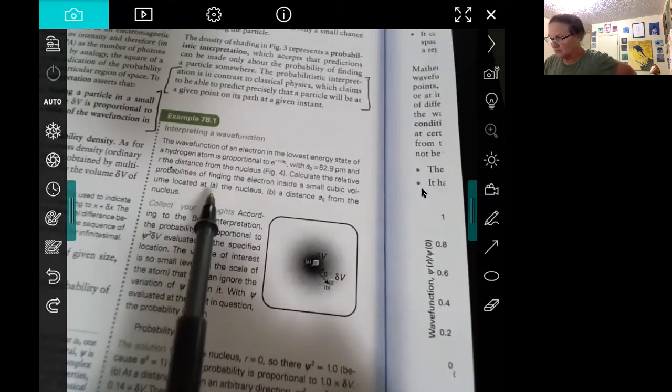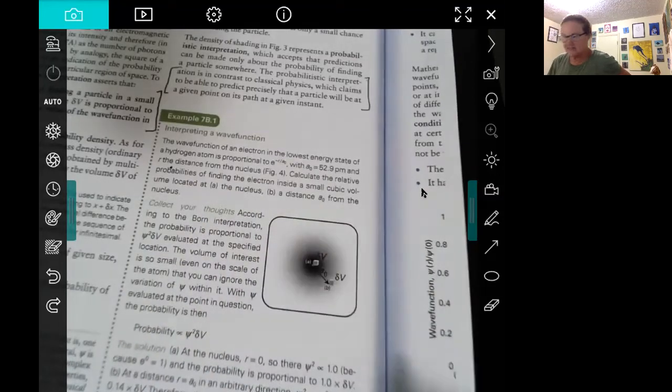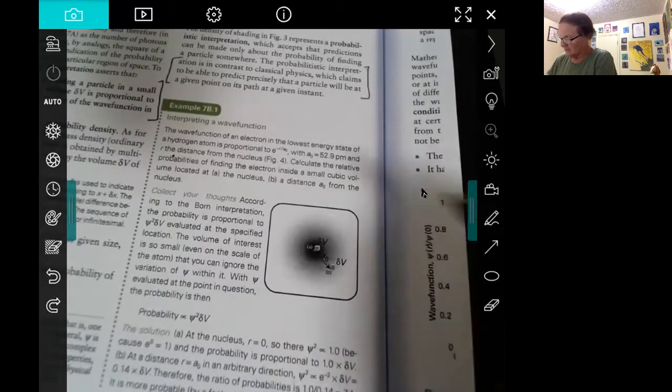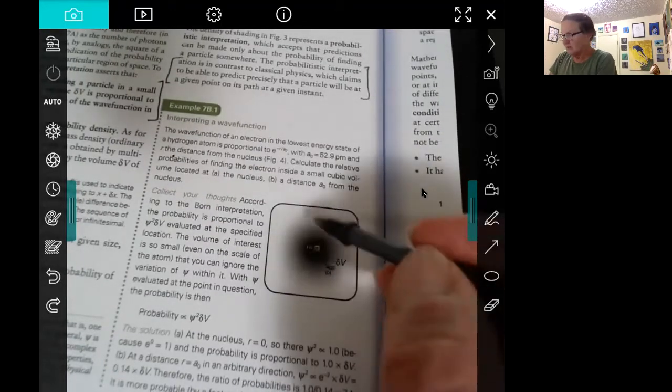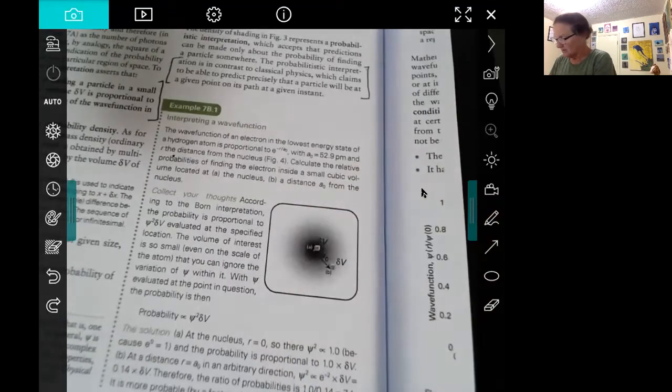It asks us to calculate the relative probabilities of finding the electron within a very small volume located at the nucleus versus at a distance a0. So what we want to do is take the ratio of psi squared at the nucleus to psi squared at r equals a0.